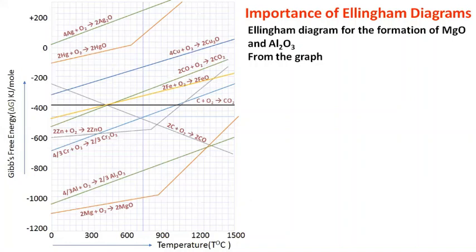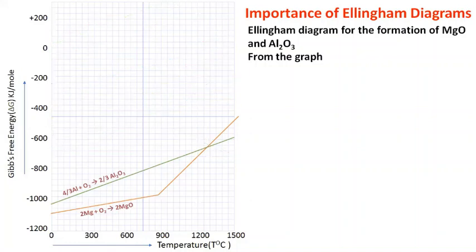So when we are looking at the Ellingham diagrams of magnesium oxide and aluminum oxide, what we are going to learn from it, that is what we are going to see here. That is why I have taken only the graph of magnesium oxide and aluminum oxide here. The first point: in the graph for magnesium oxide, we have a sharp curve here because the melting point of magnesium oxide is at this particular temperature.